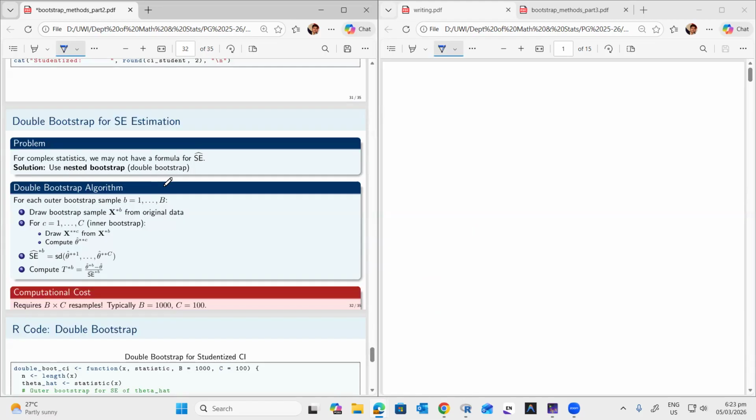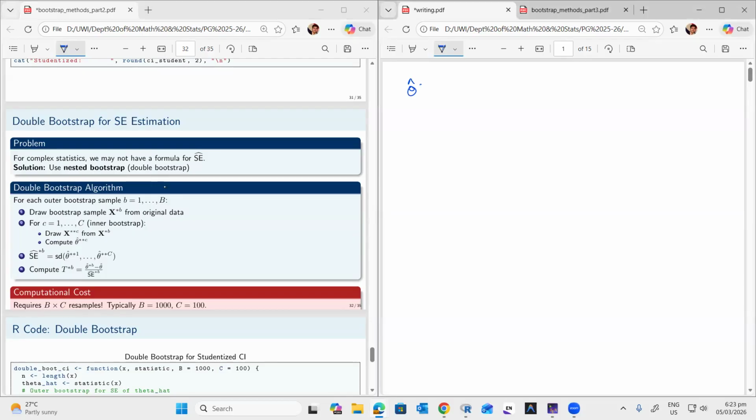So why do we need it? When we construct bootstrap confidence intervals, the bootstrap T methods often provide better coverage accuracy than simpler methods like percentile and basic. However, the bootstrap T interval requires an estimate of the standard error of the bootstrap replicate theta cap star.